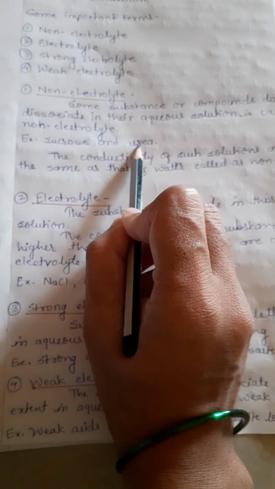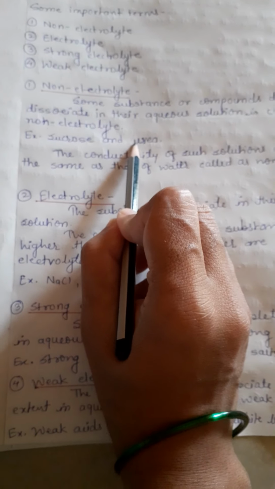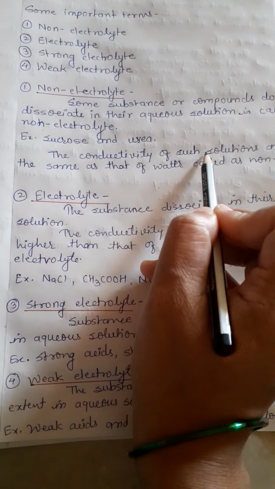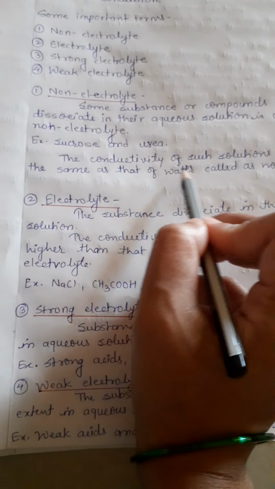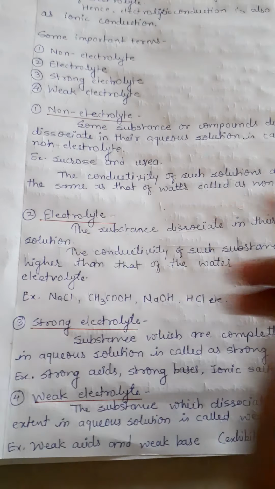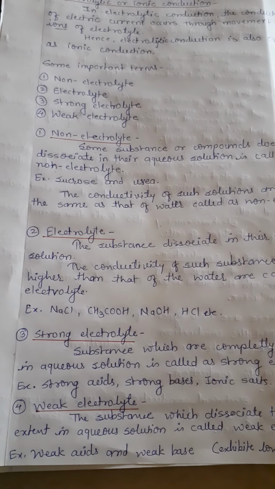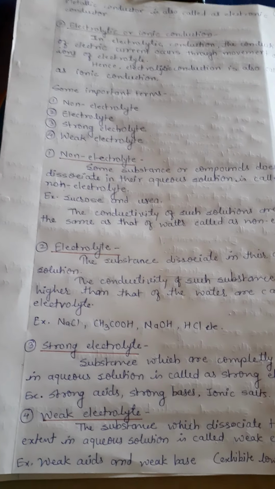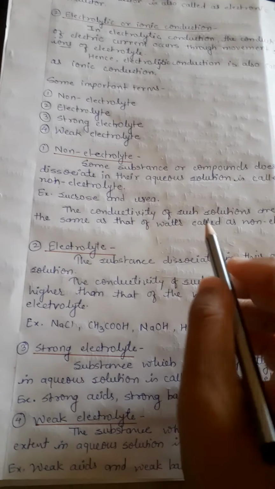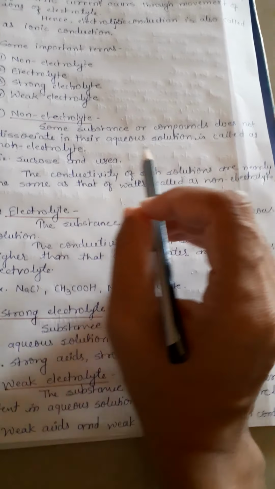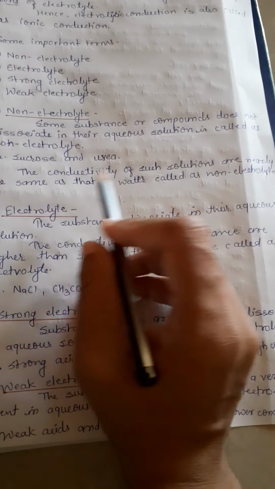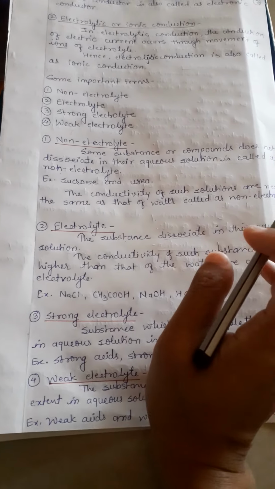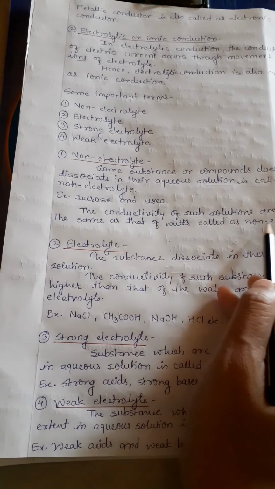The conductivity of such solutions is nearly the same as that of water. What is meant by conductivity? Conductivity means the ability of a material to conduct electricity. The conductivity of such a solution is the same as that of water, and it is called a non-electrolyte.